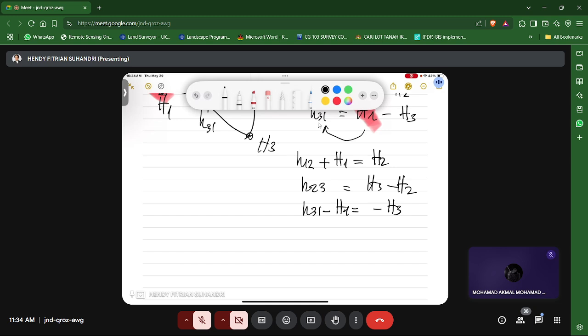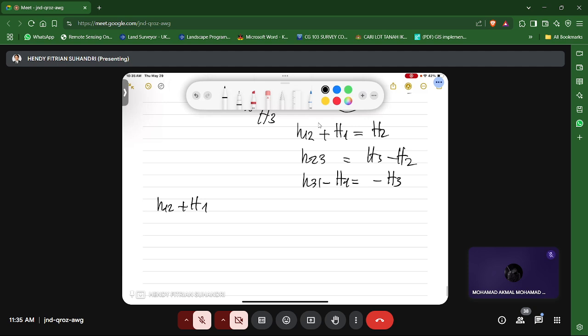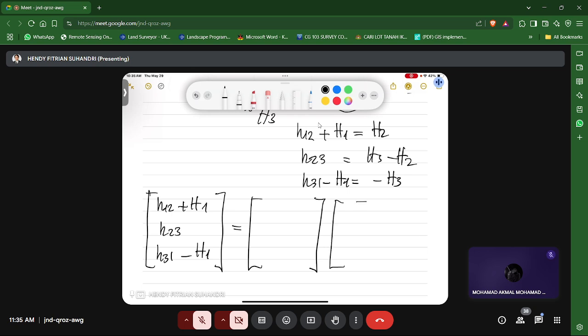Bila saya bentuk persamaan dalam bentuk matrix or vector, so H12 plus H1, kemudian H23, H31 tolak H1. Yang untuk sebelah kanan dia akan menjadi apa dia unknown saya. Itu yang kenapa saya tanyakan tadi semua apa dependent variables, apa independent variables. Mesti tahu independent variables. Independent variables ni adalah unknown.